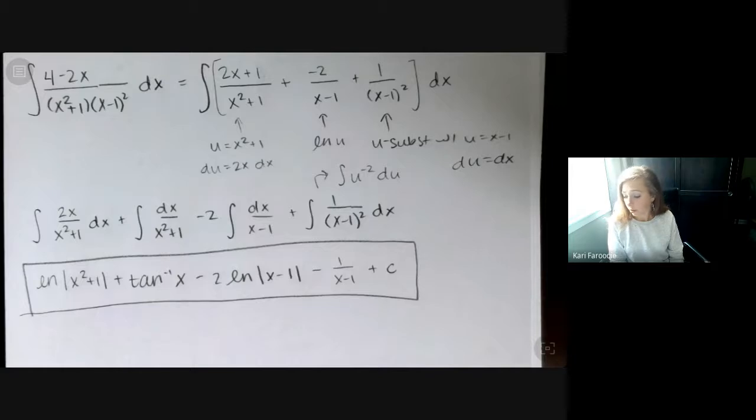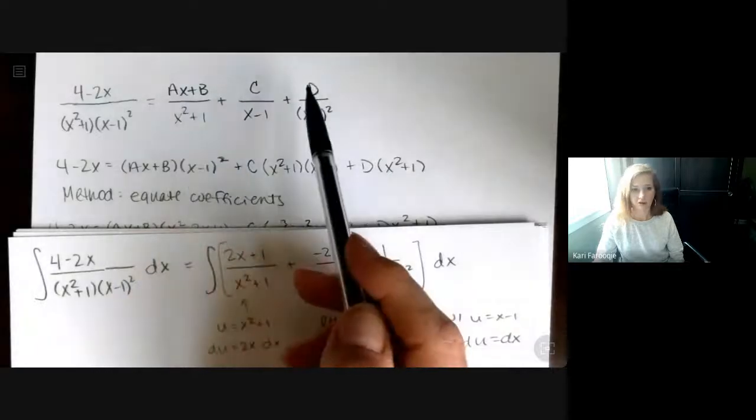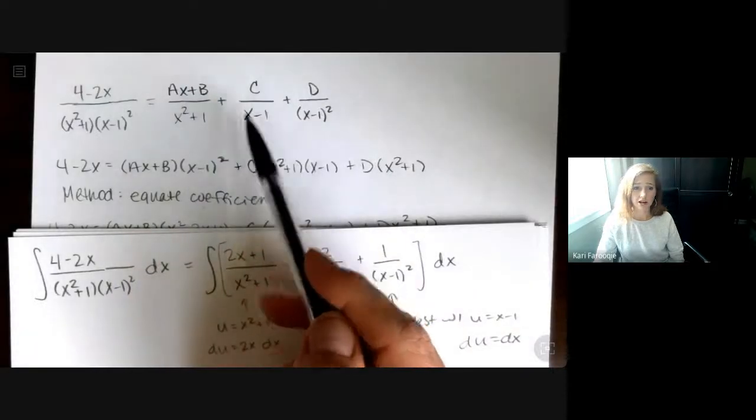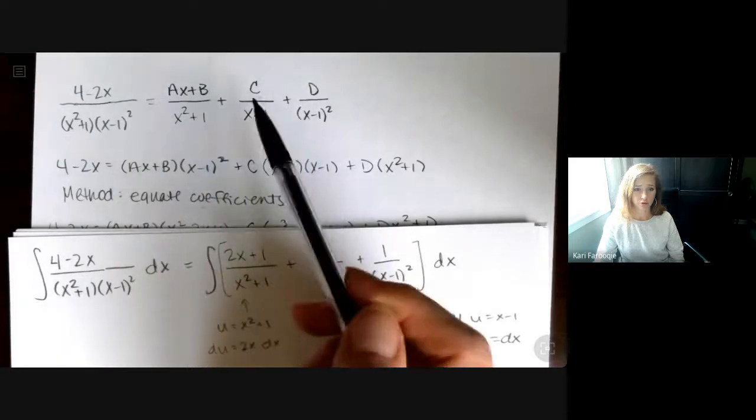And keep in mind that you can't just say, well, I don't know what the coefficients are, so I'm just going to call them whatever, and at least my integral will be of the right form, because that might not necessarily be the case. Sometimes you're going to get values of a, b, c, and d that are 0. So you might not have even had one of these terms in your actual integral once you got done with that.